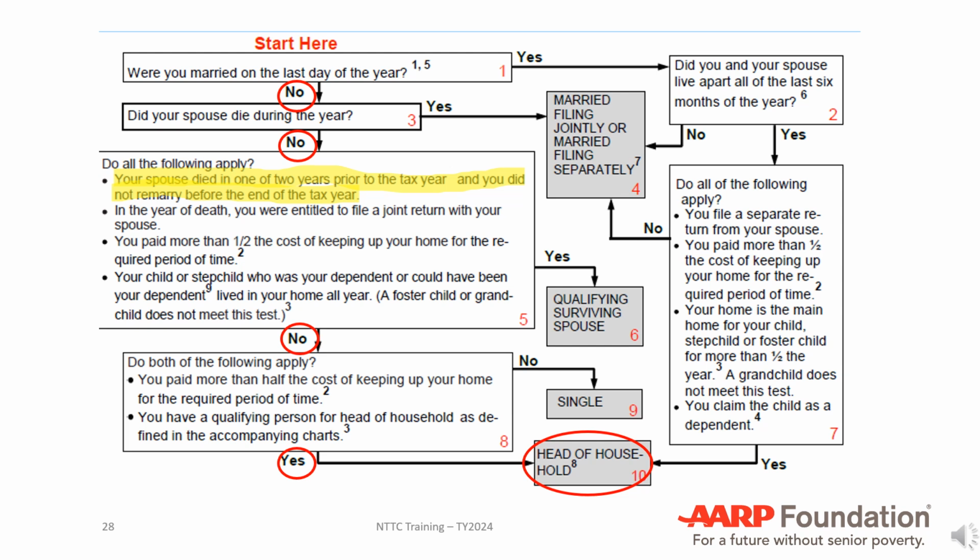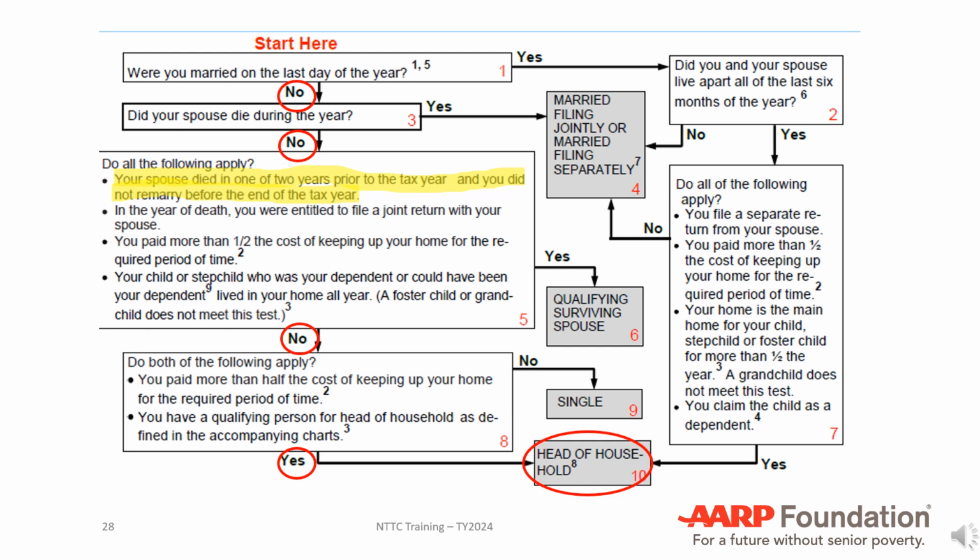Those 4 bullets all need to be a yes in order for you to go to block number 6. So you're not going to go to block number 6. You're going to go straight down to the last block, block number 8. Do both of the following apply? You paid more than half the cost of keeping up the home for the required period of time.